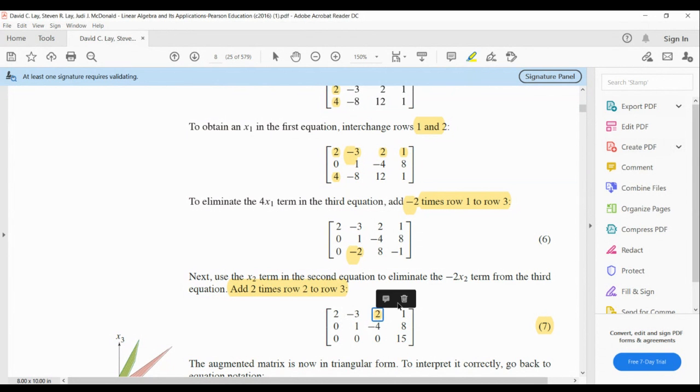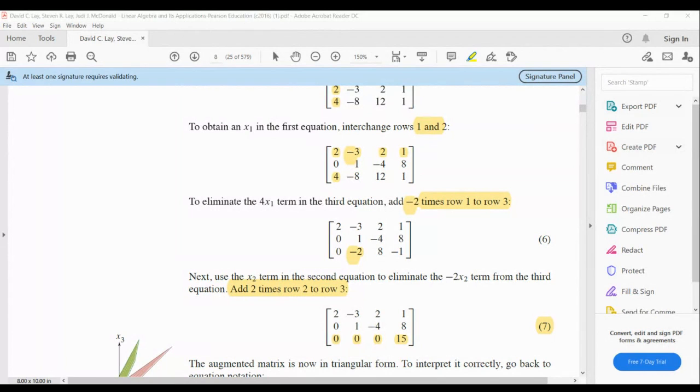Now, why is that? Let's look at the third row. Who can chat out what the equation corresponding to the third row is? Catherine says you can't have 0 times x1 plus 0 times x2 plus 0 times x3 equals 15. That's right.